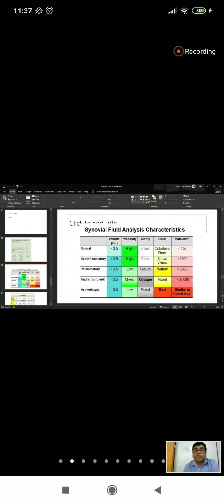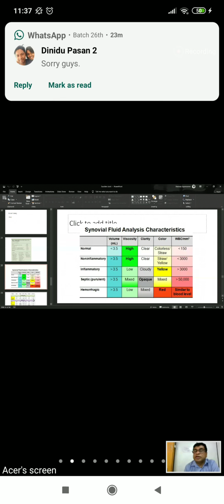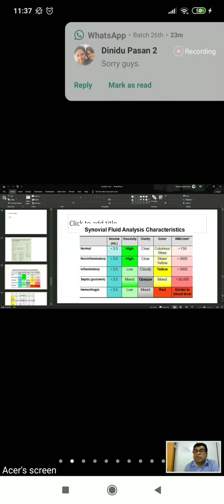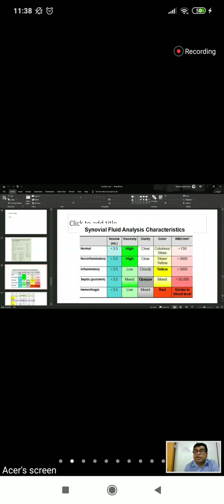Now, I just want to show you this. We do synovial fluid analysis, and as you know, in the synovial membrane the inflammation is usually lymphocytic infiltration, but the lymphocytes do not migrate into the synovial fluid.